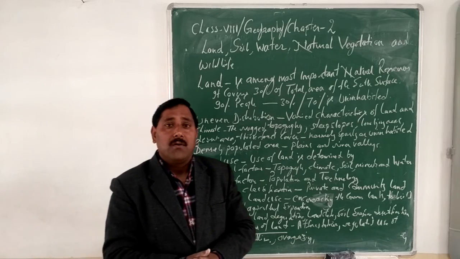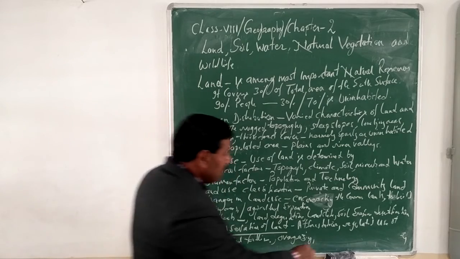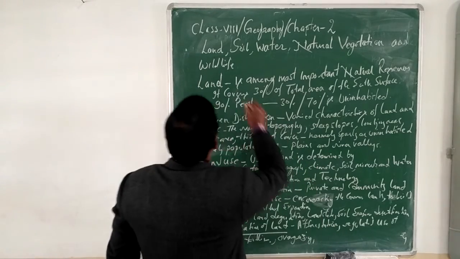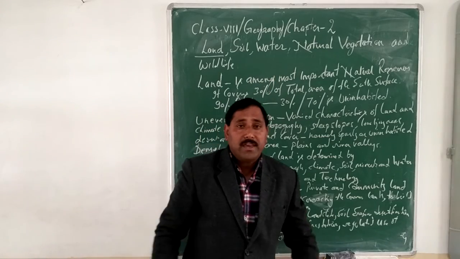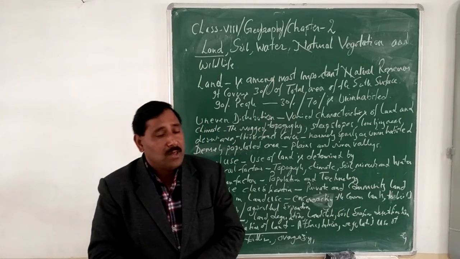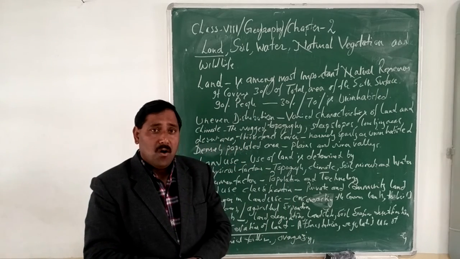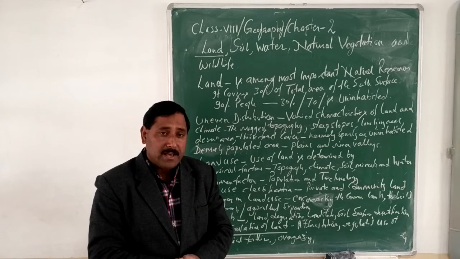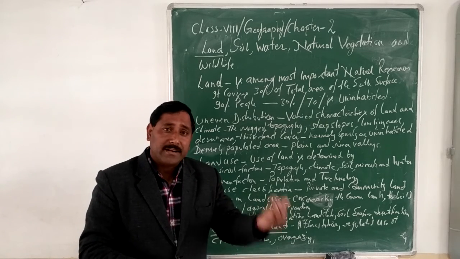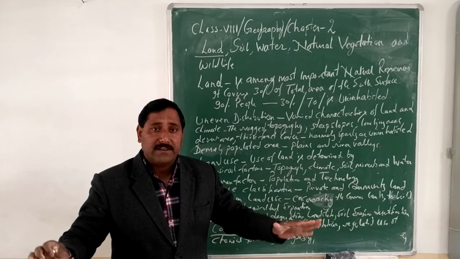Today, we will deal with land, which is a very, very important resource. We cannot think of life without the land surface. In fact, all our life takes place, all our activities take place over this land surface only.